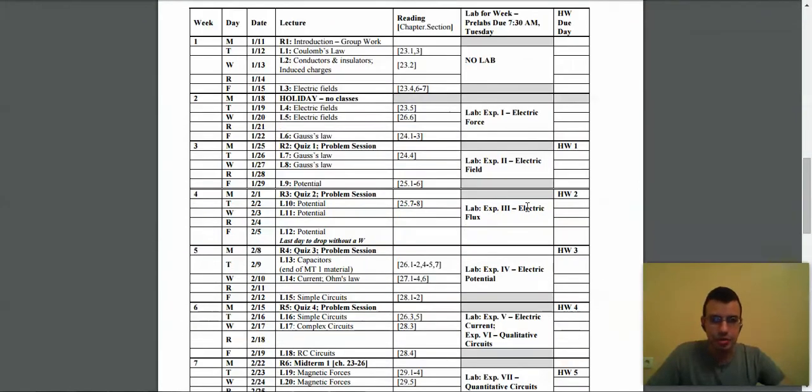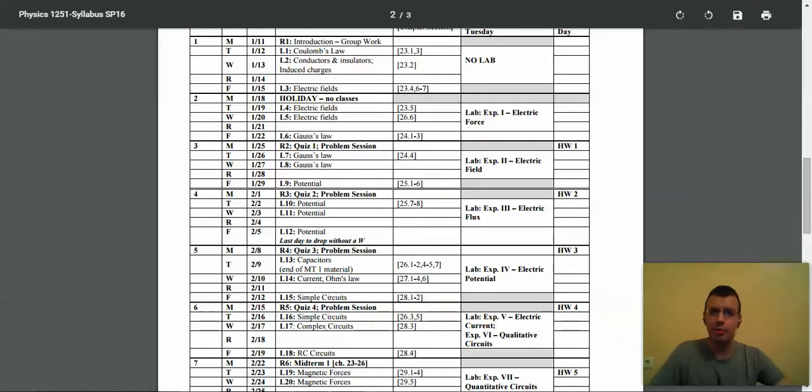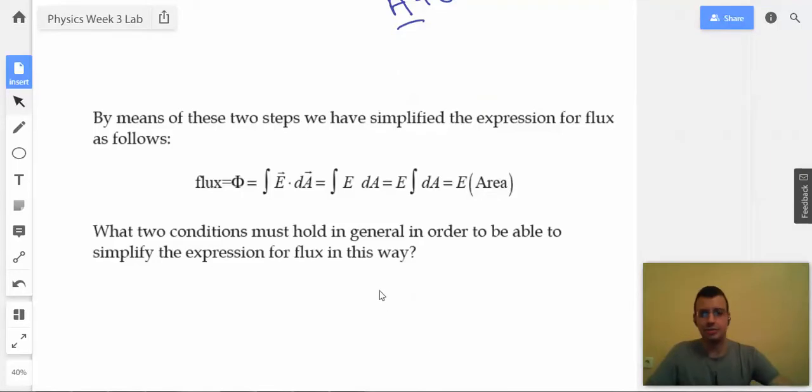Lab 3, electric flux, and homework 2 was due right there. In homework 2, you had to do a whole bunch of these. I'm not sure why they have these labs if they're going to test you on a quiz or try and teach you stuff that you already need to know because you're already tested on the homework.